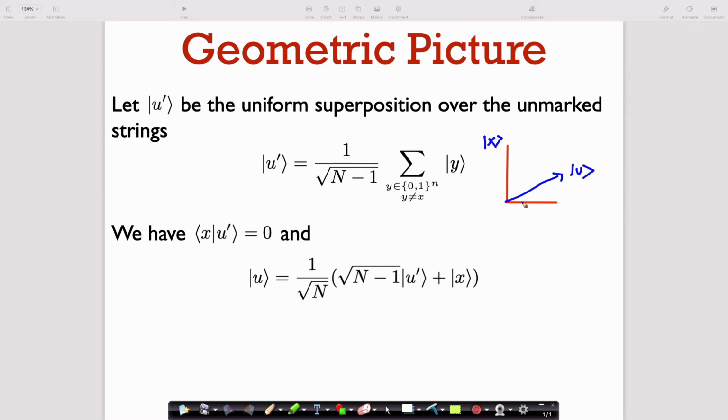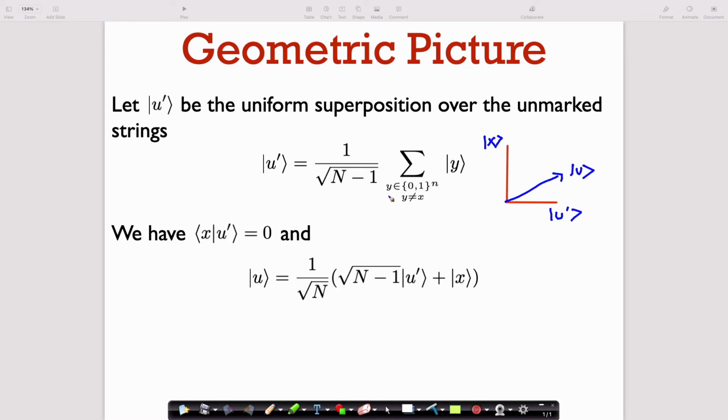That vector is what we call u prime here. That's going to be a uniform superposition over all basis states, not including x. Clearly that state is orthogonal to x, and it also lies in this two-dimensional plane. You can write this state as a linear combination of x and the uniform state. So that is our other axis here, u prime.